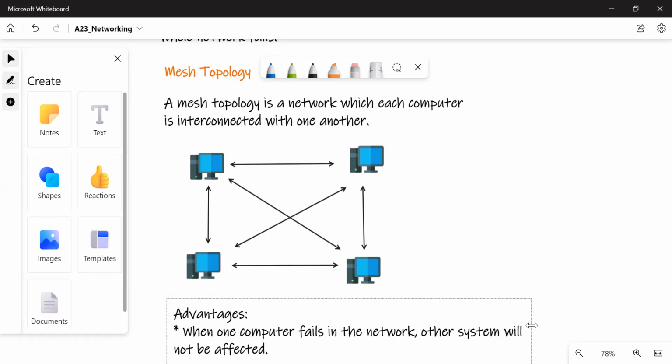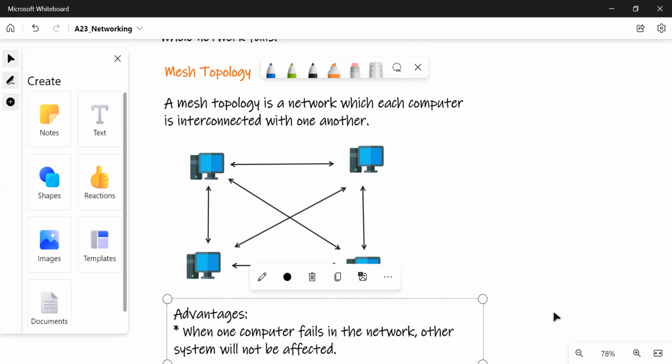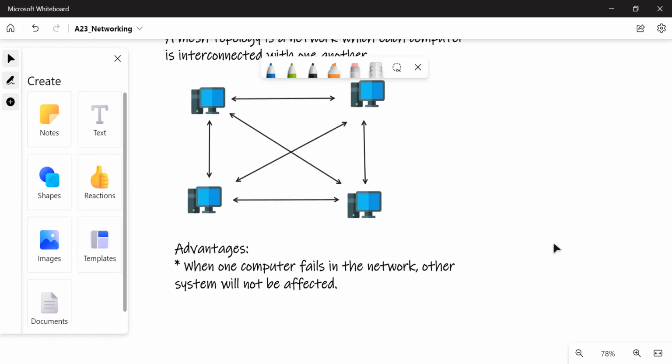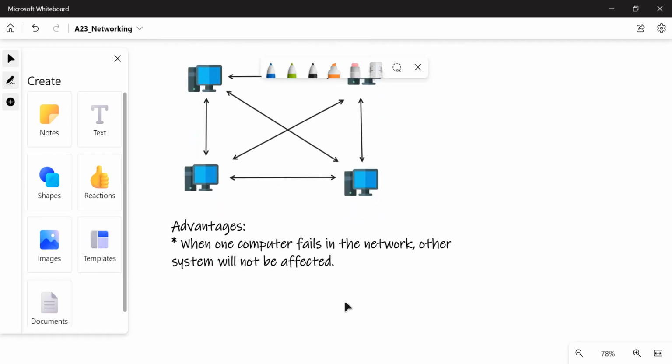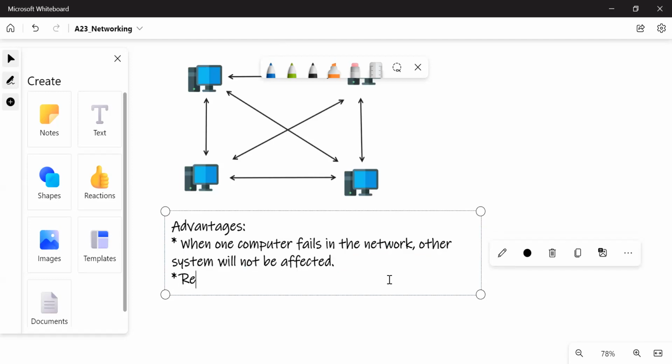So it won't affect, isn't it? Second point, recommended, the high speed data transmission.